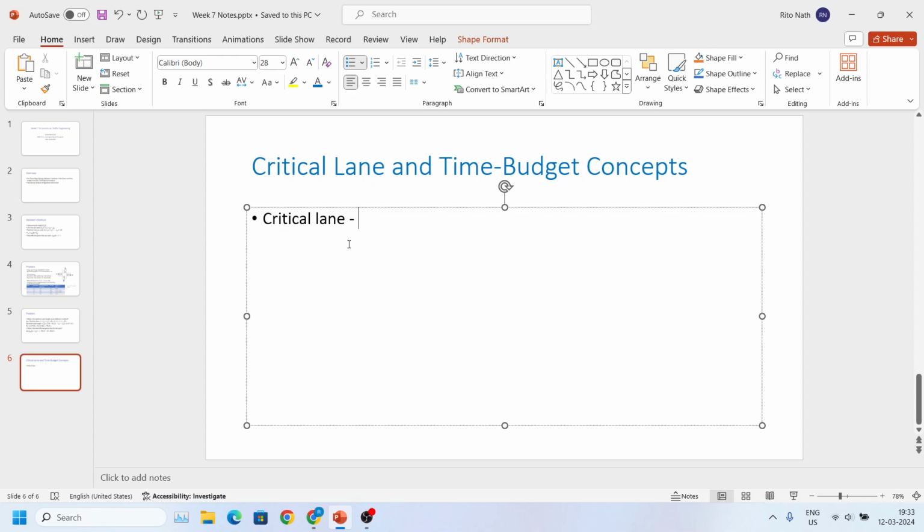So critical lane is the lane with the most intense traffic demand. This is not necessarily the lane with the highest volume. This is the highest volume to saturation flow ratio.